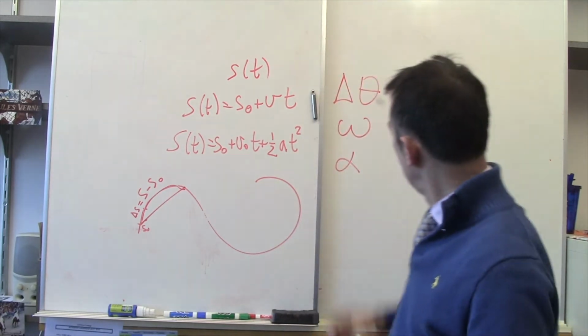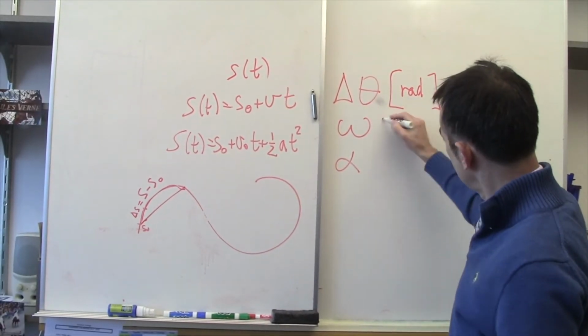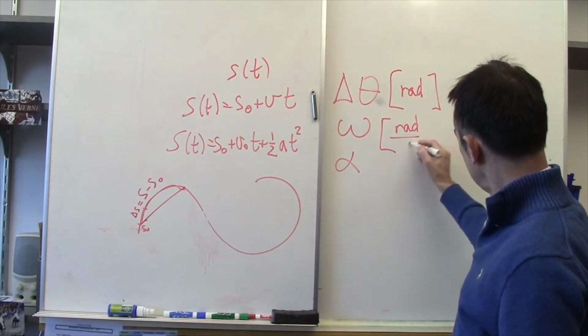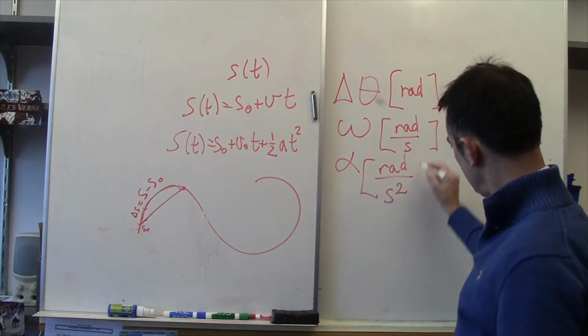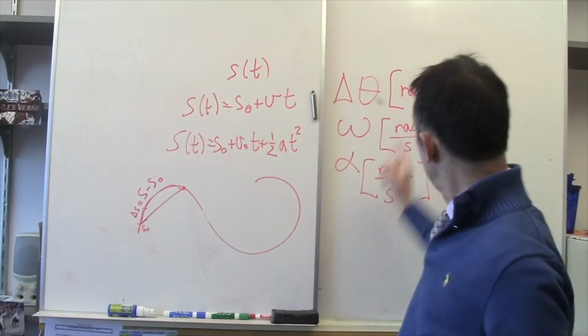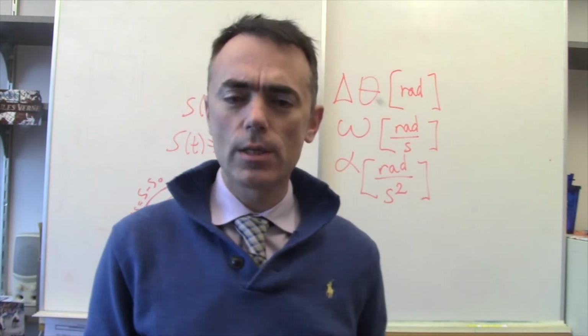We measure the angle in radians, the angular velocity in radians per second, and the angular acceleration in radians per second squared. The radian is essential to the understanding of these concepts.